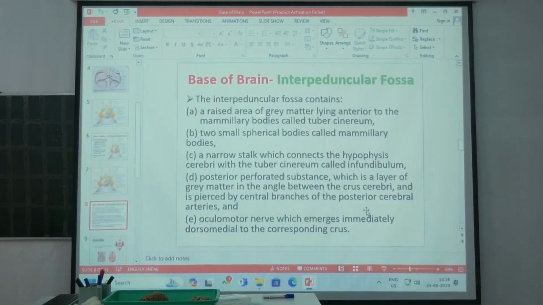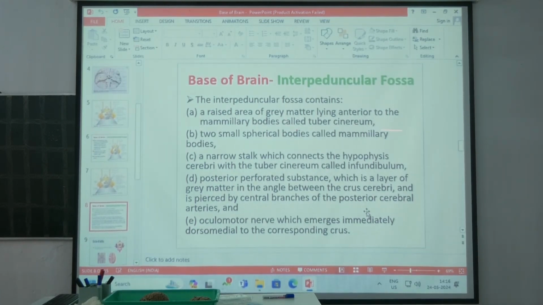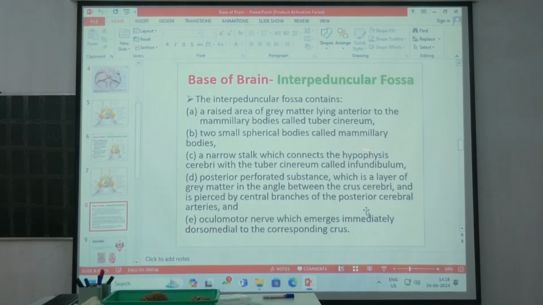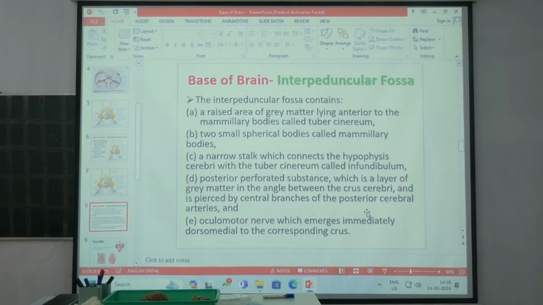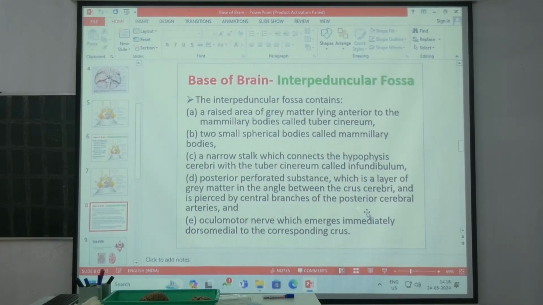It contains a raised area of grey matter lying anterior to the mammillary bodies, known as the tuber cinereum. Two small spherical bodies are called the mammillary bodies. A narrow stalk which connects the hypophysis cerebri with the tuber cinereum is known as the infundibulum. The posterior perforated substance is a layer of grey matter in the angle between the crura cerebri, and it is pierced by central branches of the posterior cerebral arteries.